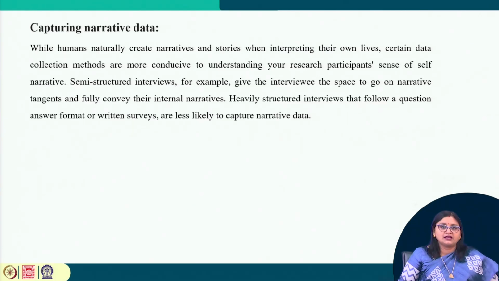Semi-structured interviews, for example, give the interviewee space to go on a narrative tangent and fully convey their internal narratives. So, give them space to speak up, to express themselves as per their narrative. Heavily structured interviews that follow a question-answer format or written surveys are less likely to capture narrative data.